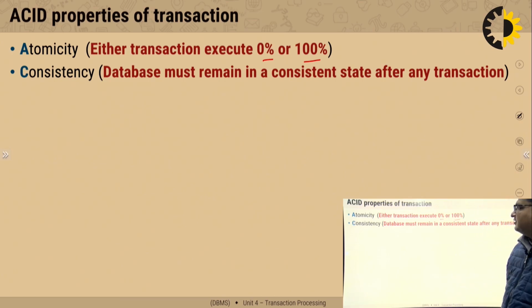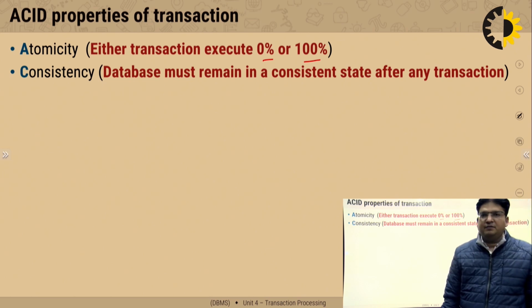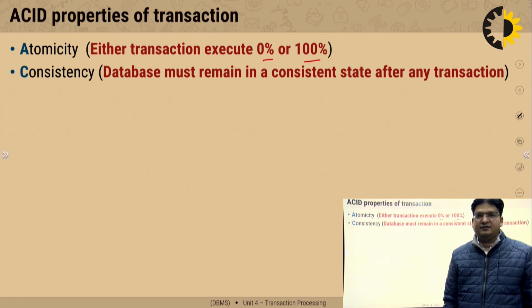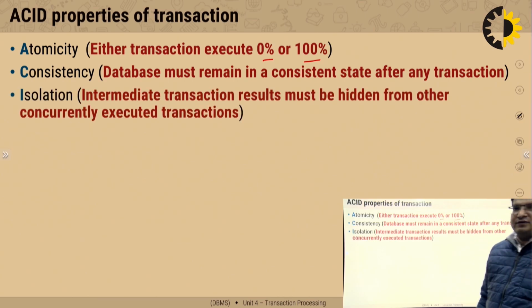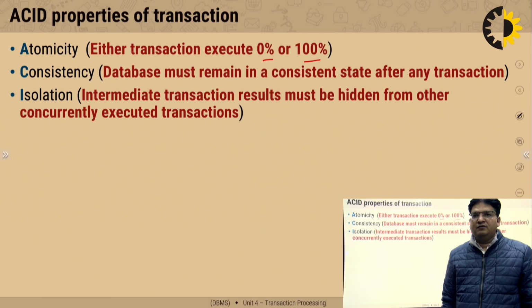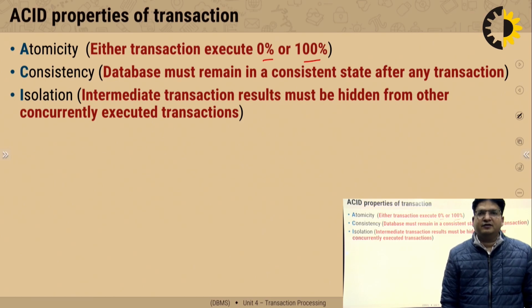Next is the consistency property. Consistency means the database must remain in a correct, valid state after the transaction as it was before the transaction. Next property is the isolation property, which ensures that when the transactions are executing parallelly, they should not be aware of each other. That is, they should not interfere in the working of each other in concurrent execution.